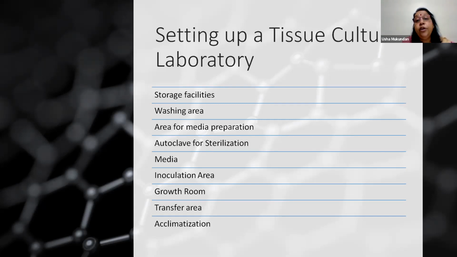And very important, your lab record should be very good, because sometimes when you're making media, you forget if you have added something or you have not added, because you are not used to writing it down in your laboratory book. So your storage facility should be very well planned. The chemicals should be alphabetically labeled.